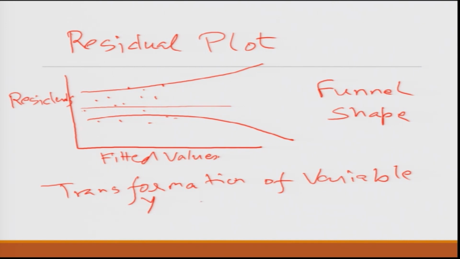Now, instead of y, you plot log y, or depending on how this shape looks, you can go with something like root y. The whole idea is that these extreme points where the deviation is highest, you tend to reduce them. So, you try to bring more and more reduction as the values inflate. This is one of the common ways.